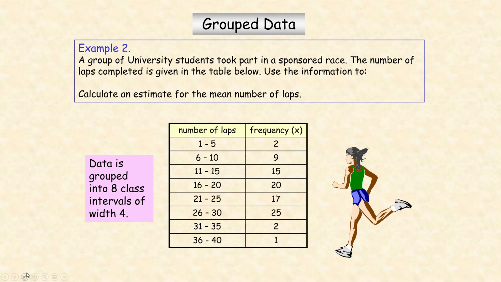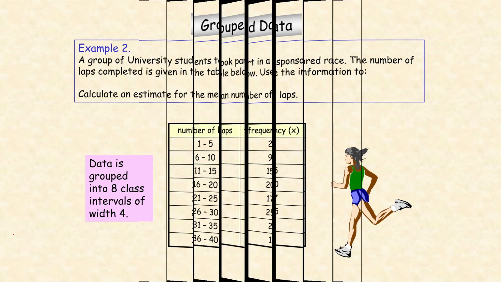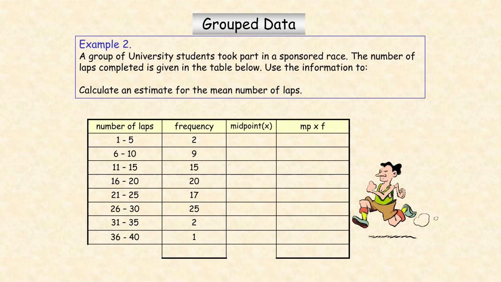If I can just get my highlighter again. So they want us to estimate the mean. Okay, I'm just going to change my highlighter color back to yellow. I think that's more effective, and back to pen. Good. So what I want you to do is copy and complete this table.